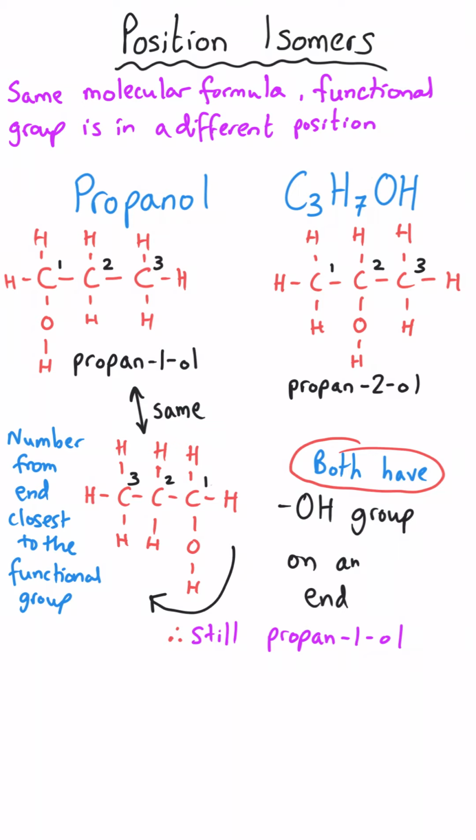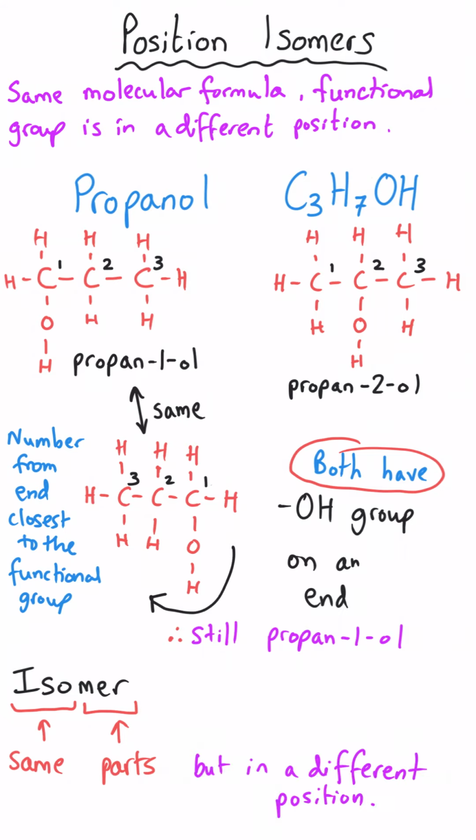They're called isomers because they're made up of the same parts, iso meaning the same and mer meaning parts, but position. What that means is the functional group is in a different position on the carbon skeleton. So even though they've got the same parts, they've got a different position for the functional group, hence position isomers.